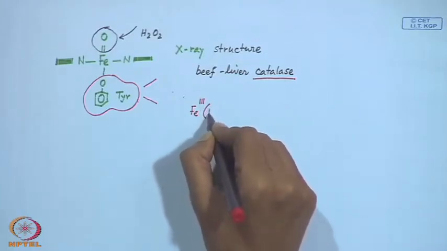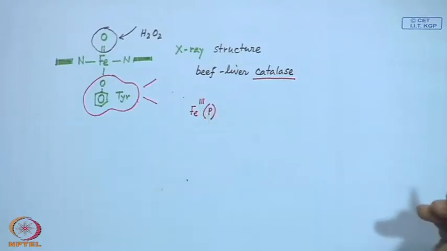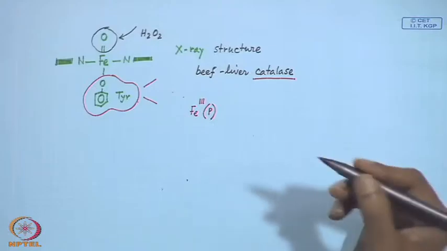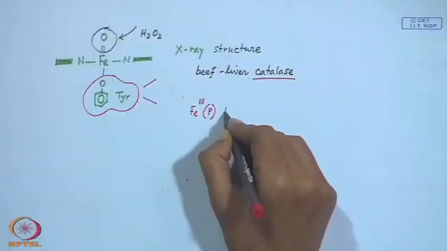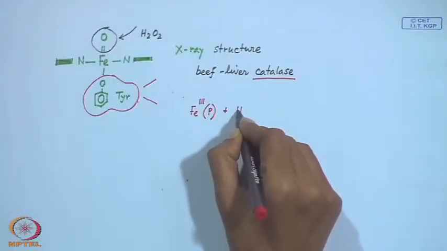which is bound to our porphyrin ring, we get a ferric porphyrin system. That means, if you have any ferric chloride in your hand in a test tube, how will it react with hydrogen peroxide?